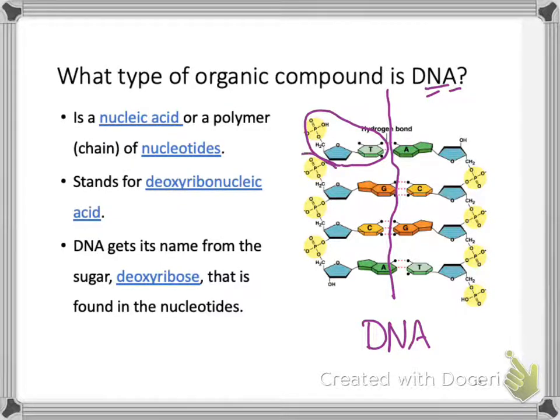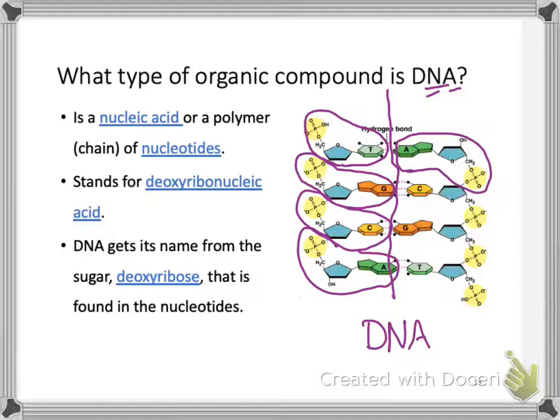The next nucleotide is bound below it. And then the next one after that. And after that. So you can see that each side has four nucleotides. The other side has four nucleotides as well. They're just pointing in the opposite direction. More on that later in this video. So DNA is a nucleic acid, a polymer or chain of nucleotides. Two chains put together, to be exact.